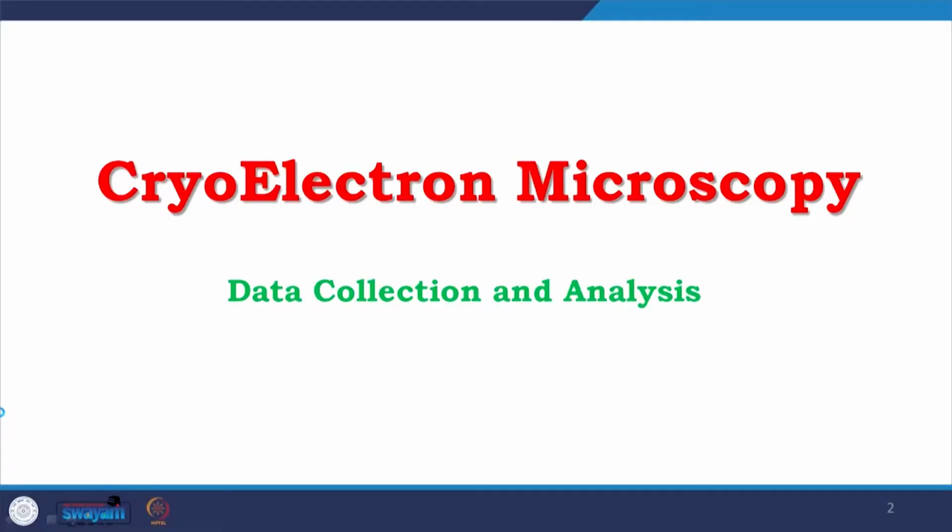Then in the second class we talked about the general procedures and details of cryo-electron microscopy. Today we will discuss data collection and data analysis, which are the core part of this technique. So, cryo electron microscopy, data collection and analysis.